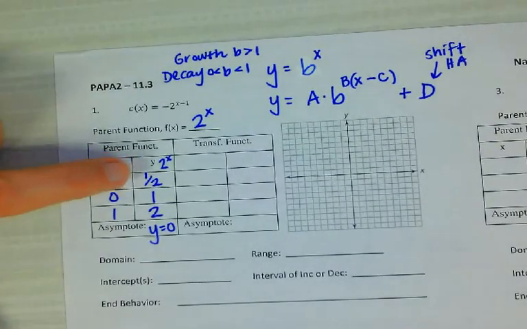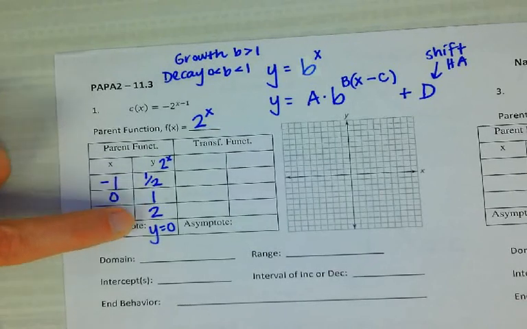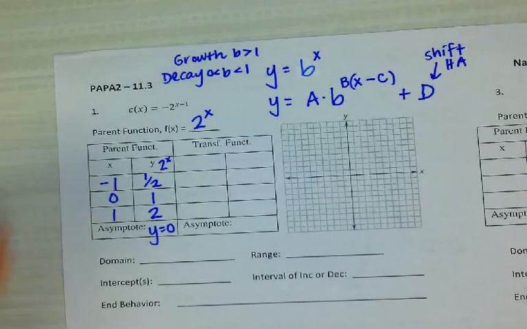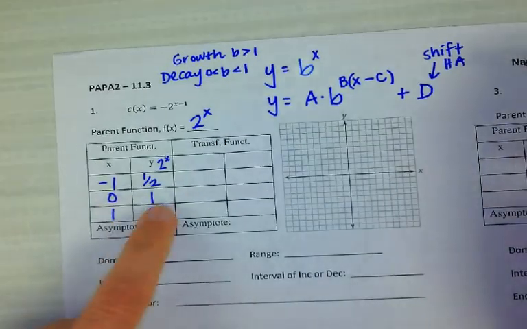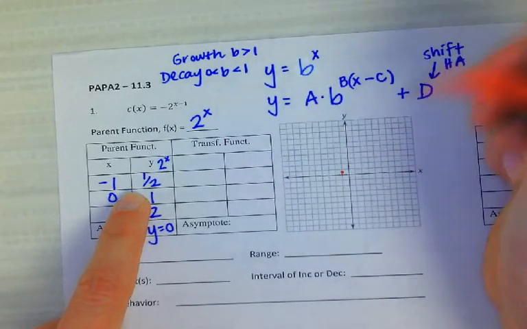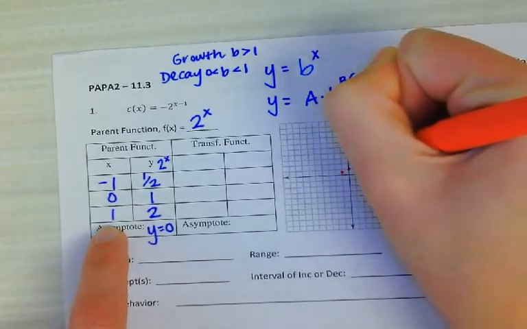So we always have the reciprocal of the base, 1, and then the base itself, as our 3 y values to start with. Since this is our first one, I'm going to sketch it in red: -1, 1/2; 0, 1; 1, 2.